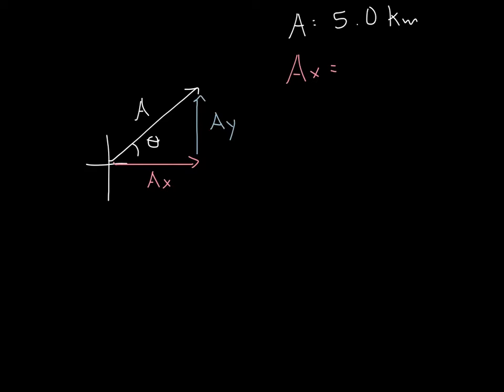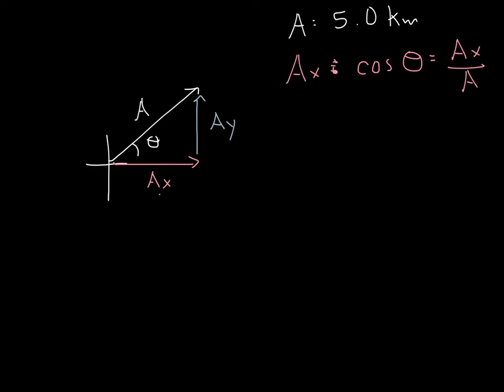So we have AX being the adjacent side, A being the hypotenuse. Adjacent and hypotenuse are related by the trig function of cosine: cosine theta equals the adjacent side, which is AX, over the hypotenuse, which is A.